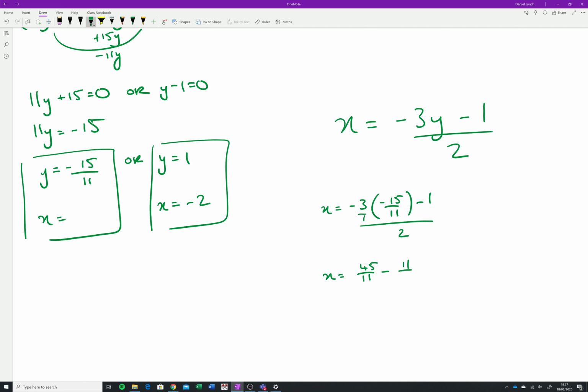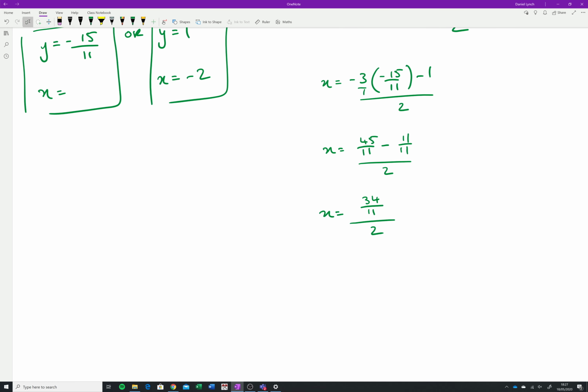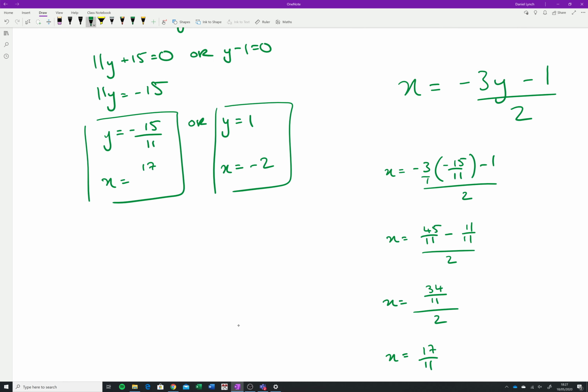Well, that's 11 elevenths, and it's all over 2. So how many elevenths do we have? We have 34 elevenths over 2. Well, half of 34 elevenths is just 17 elevenths where I come from. So that is 17 elevenths. Whee.